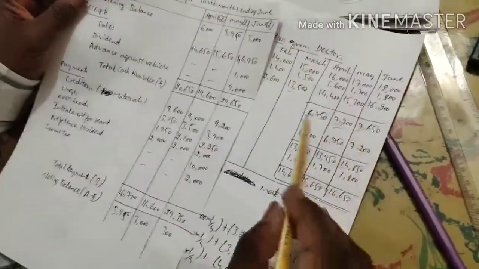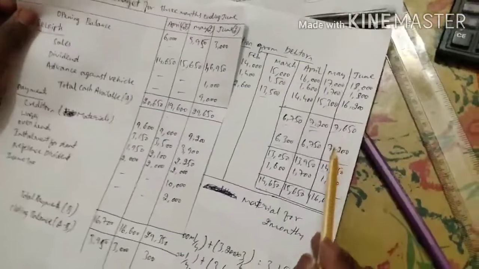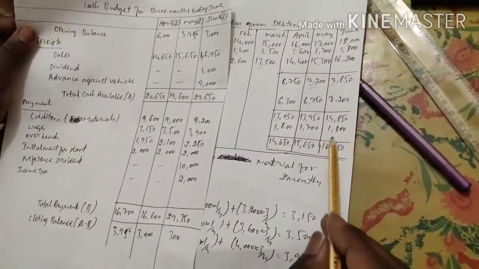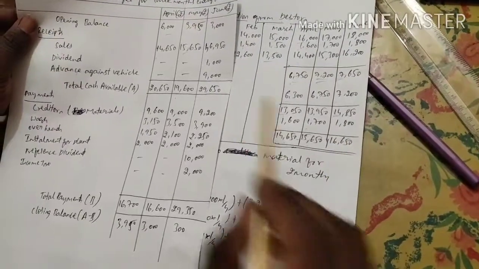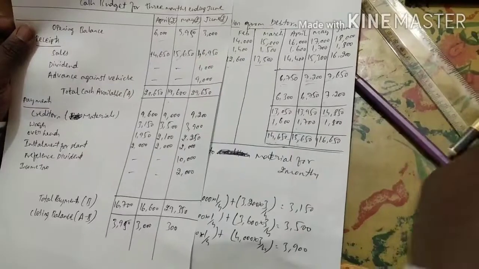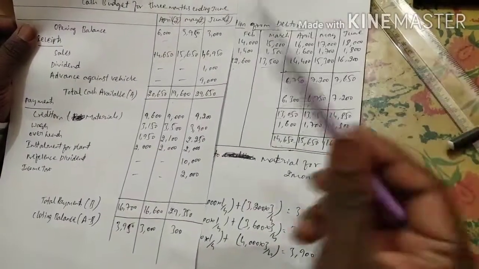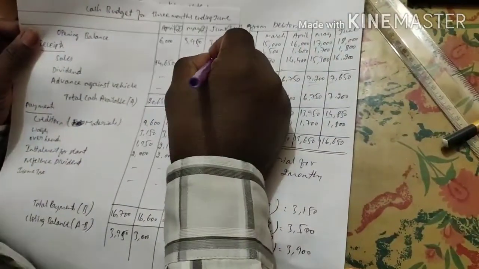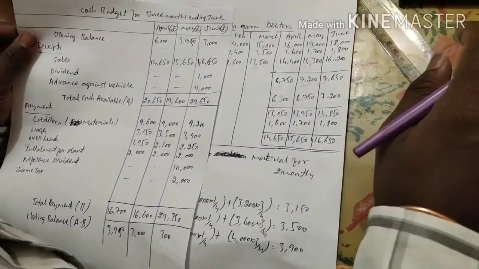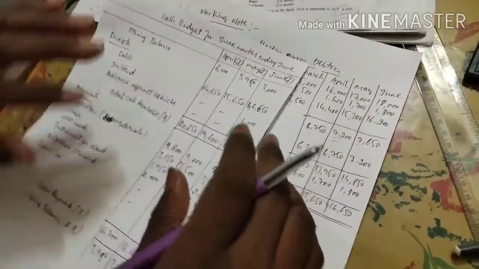In the month of June, total credit sales is 7,650 plus 7,200, which is 14,850, plus 1,800 cash sales. Total is how much? 16,650, I have recorded in the month of June.